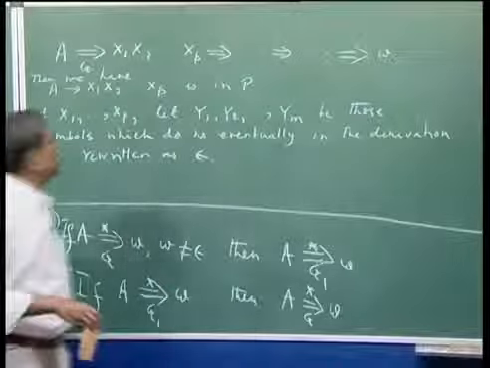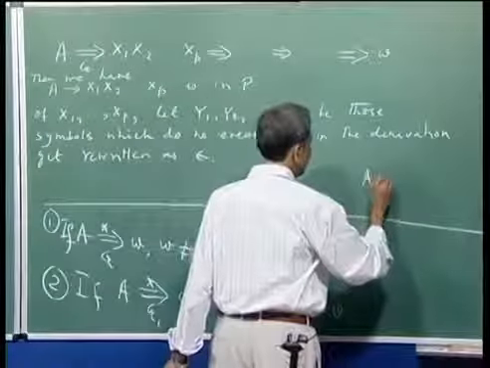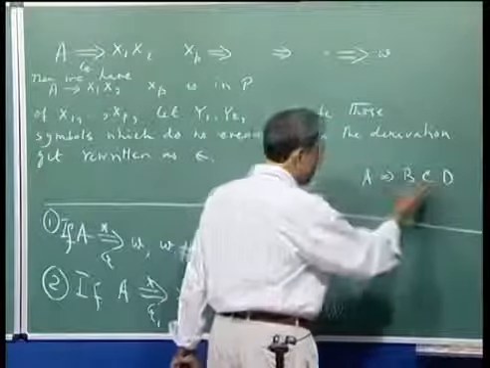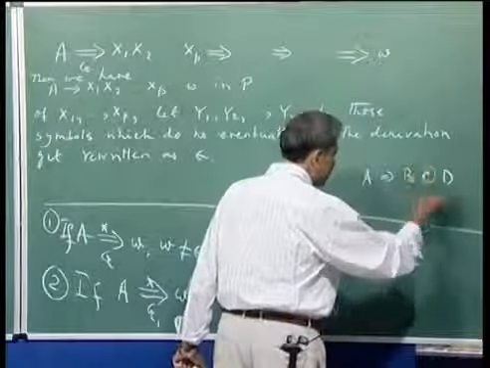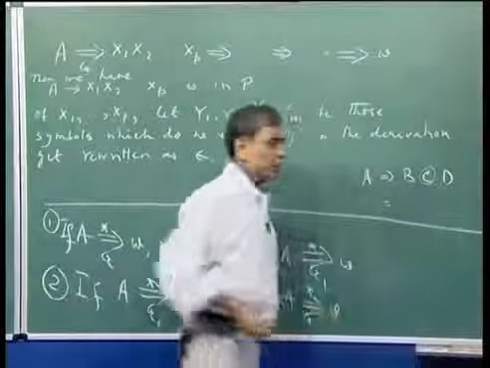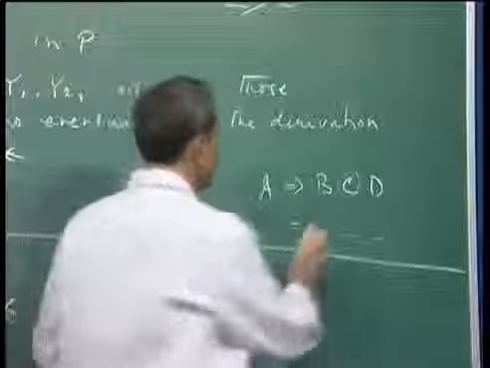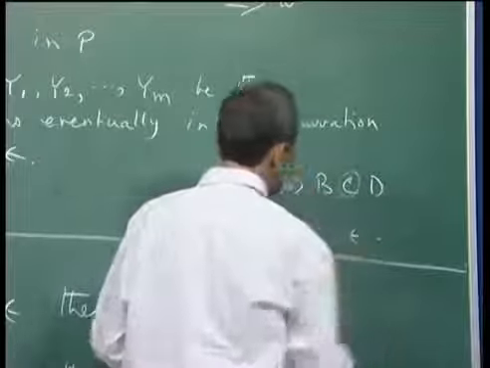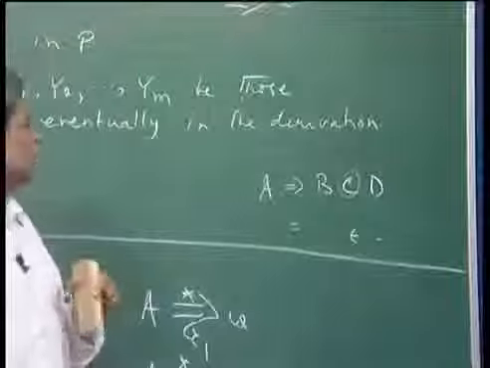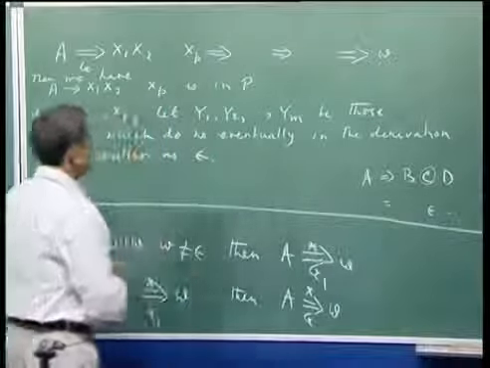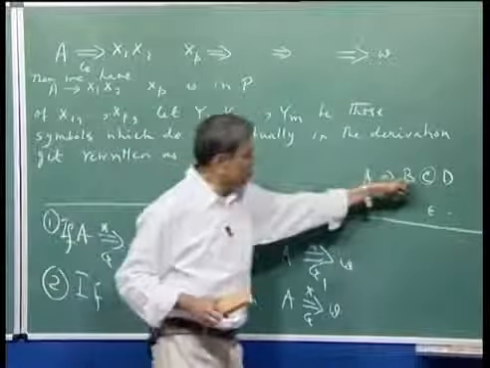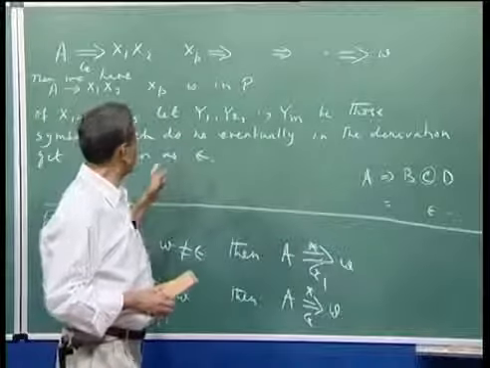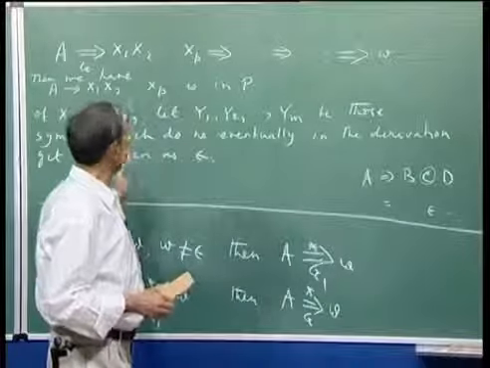See, for example, that first production that you might have used is A goes to BCD. Now, what may happen during the rest of the derivation is that C is a nullable non-terminal and C became epsilon. So, the other two, B and D, generated non-null strings. Corresponding to B and D, these are the symbols that do not derive epsilon.